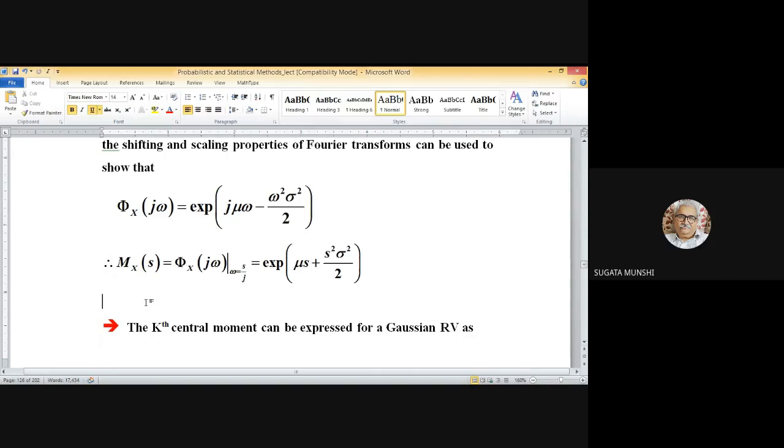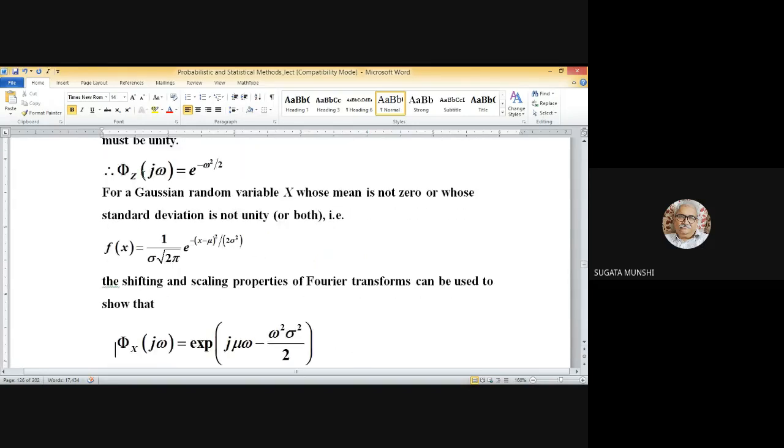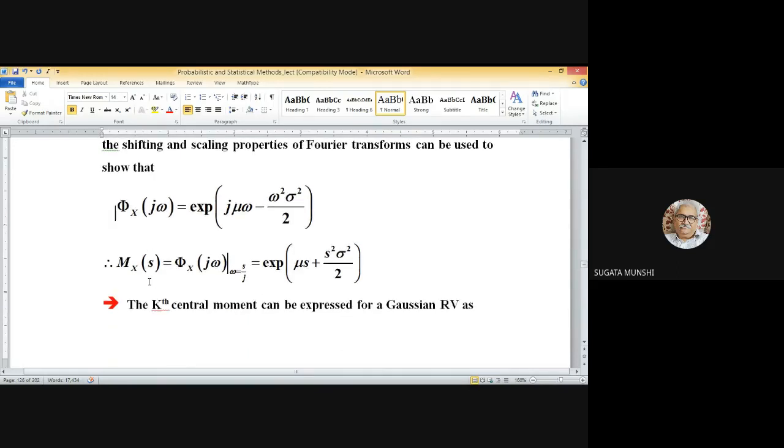Using this moment generating function, you can obtain the moments and also the central moments. Central moments can be obtained simply if you consider phi z, or M x. I'm interested in central moment of x, so you have to use this M x s.